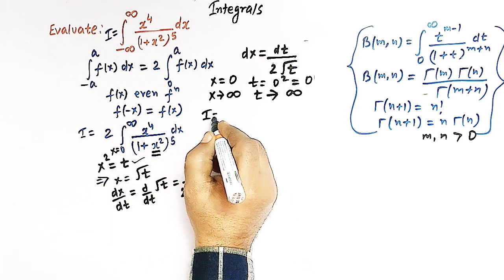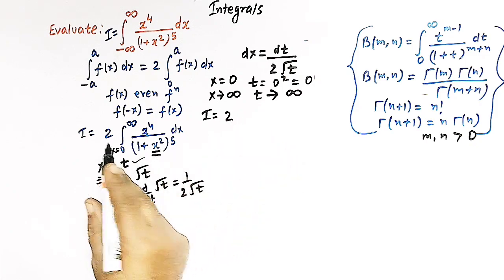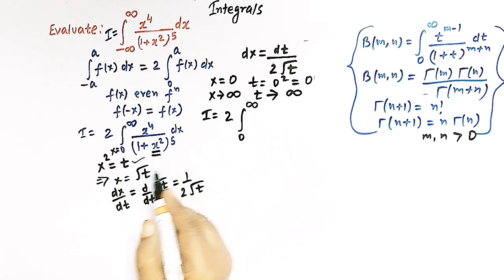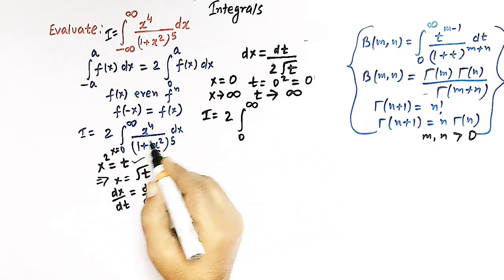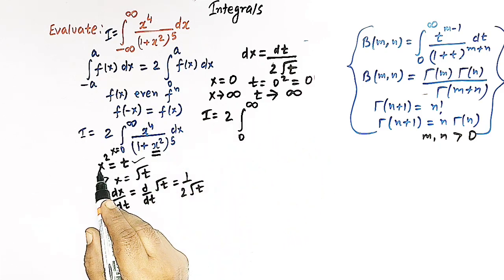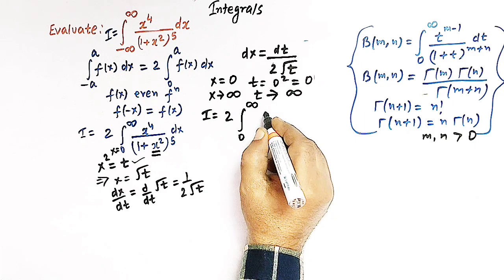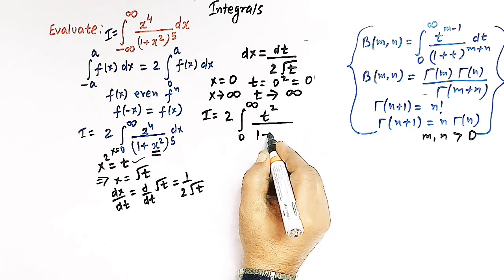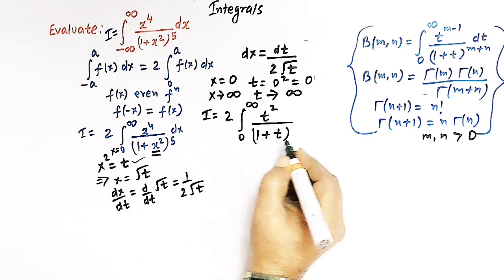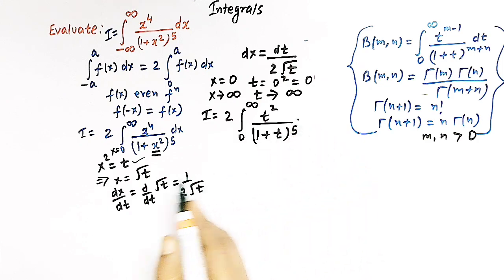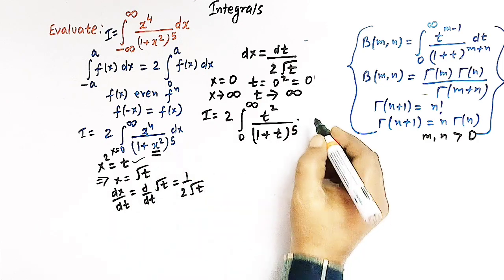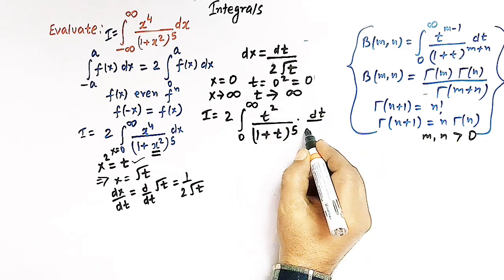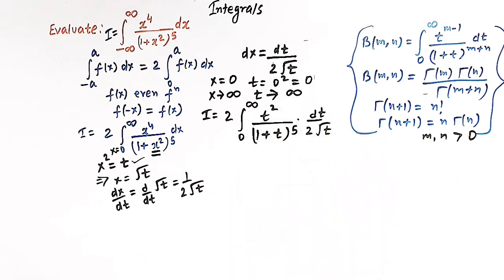We have I equal to 2 times the integral from 0 to infinity, the limits remaining the same, of x raised to 4, which can be written as t square, over (1 plus t) raised to 5, and for dx we write dt over 2 times square root of t.